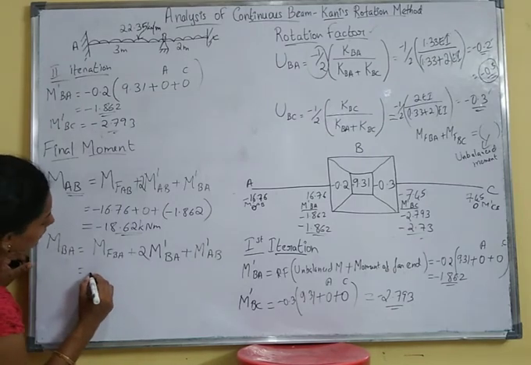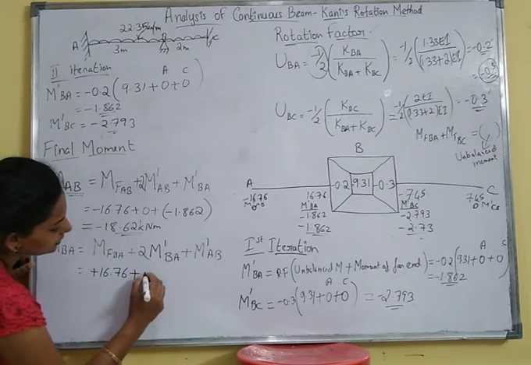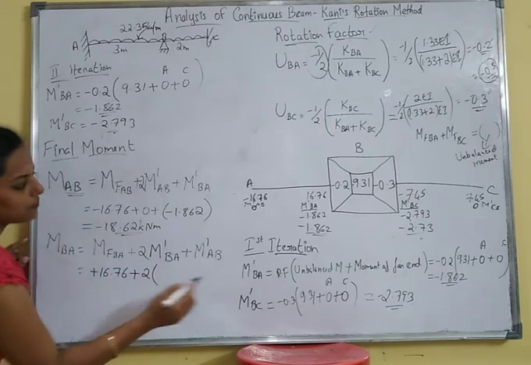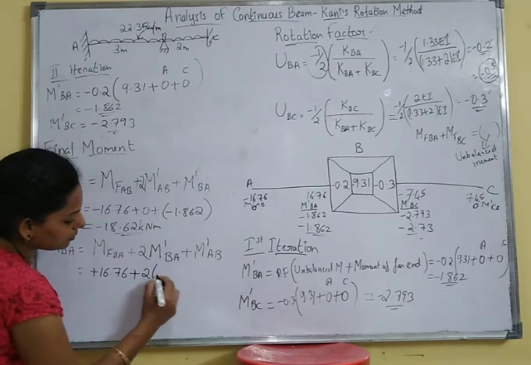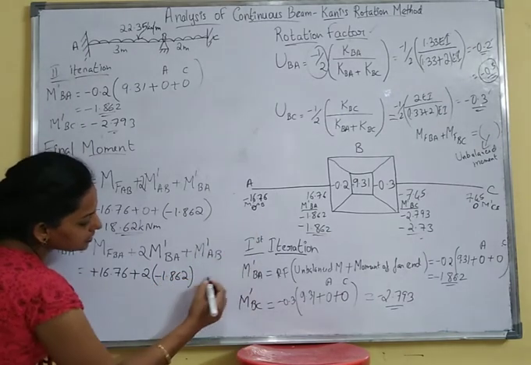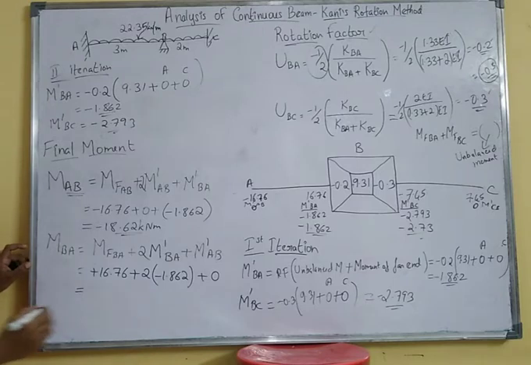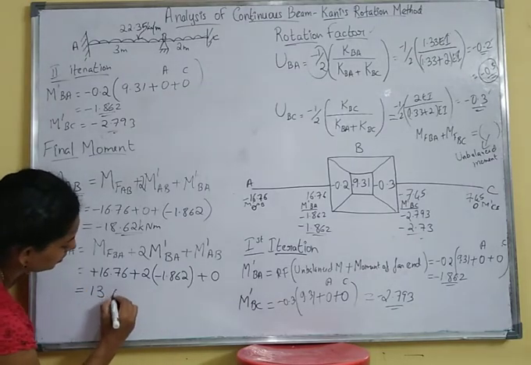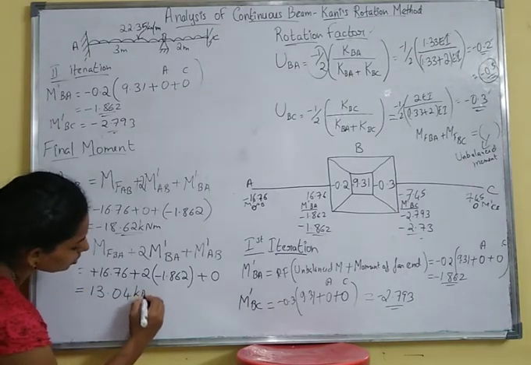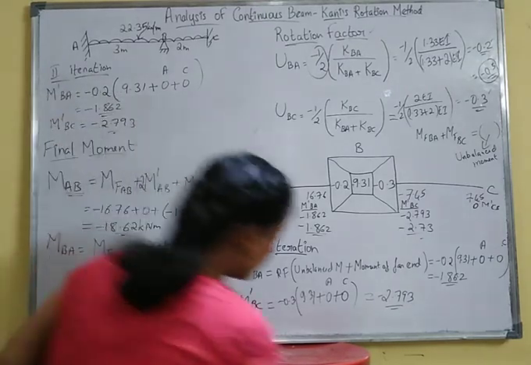So it is plus 16.76 plus 2 times m dash BA, which is minus 1.862, and m dash AB is 0. Substitute and get the value. You will have plus 13.04 kilonewton meter.